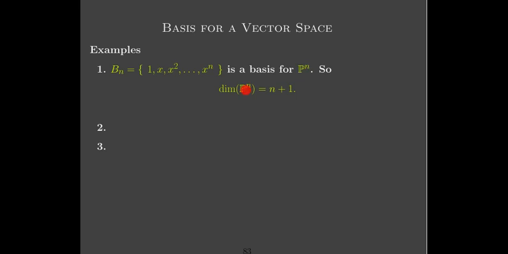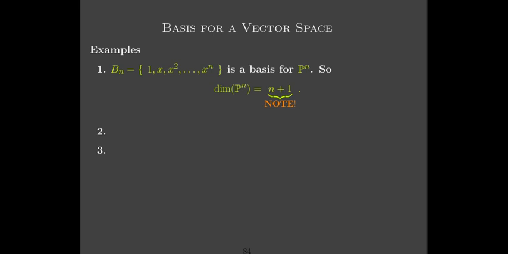So let's look at some examples. First of all, if we look at the first n plus 1 powers of x, so 1 up to x to the power of n, that's a basis for Pn, which means that the dimension of Pn is n plus 1. Even though we still use this same type of notation, there's a huge difference between Rn and Pn.